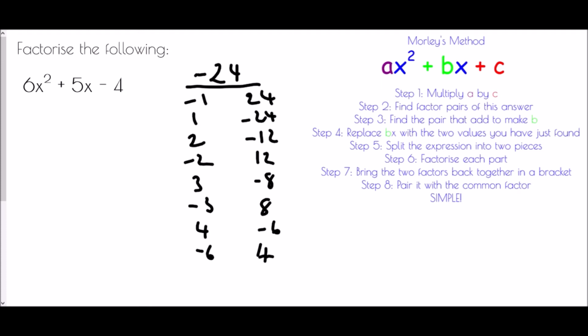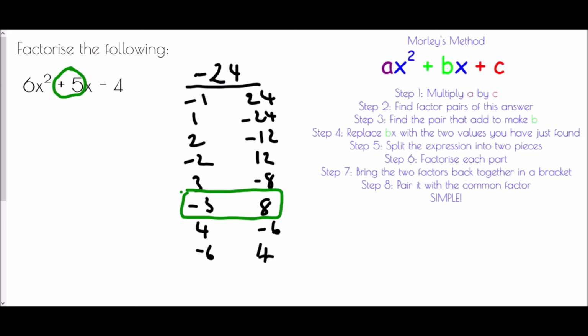Any of those pairs would create negative 24 when multiplied, but the key is which ones will add to make b. So which ones will add to make positive 5? Well, it's going to be in here with our 3s and 8s. We need to make sure that when we add them, it creates a positive, and so the positive number must be the larger one. So the negative 3 and the positive 8.